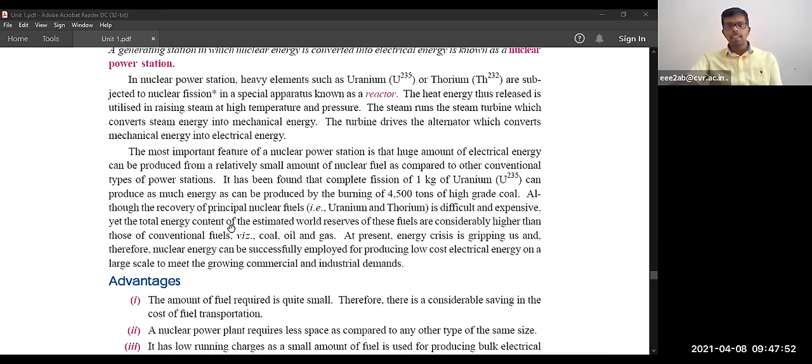Yet the total energy content of the estimated world reserves of these fuels is considerably higher than that of conventional fuel. I already mentioned the thorium reserves, but in India, with thorium-232, we have to go for a three-stage fast breeder reactor to produce power.